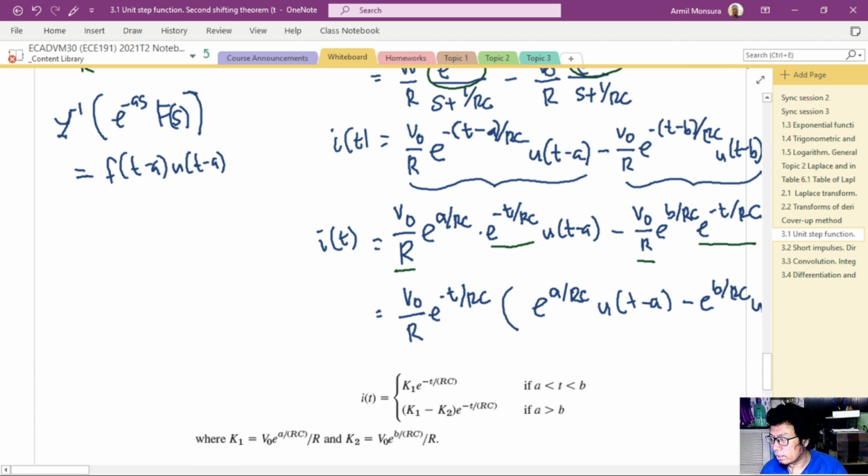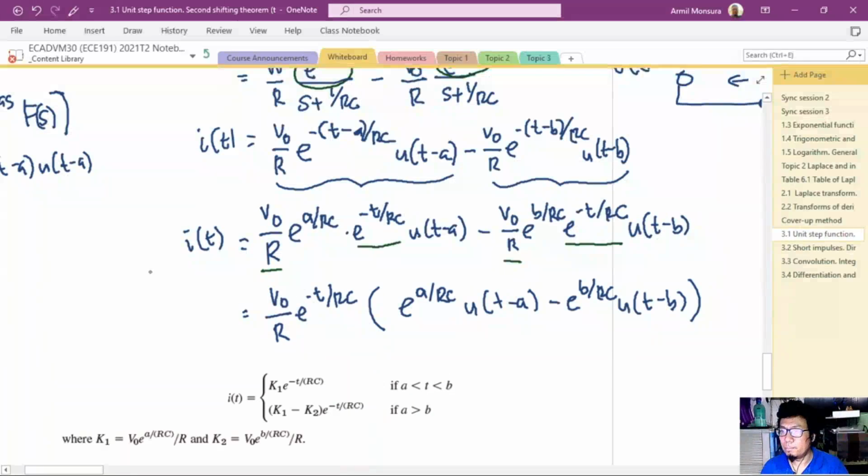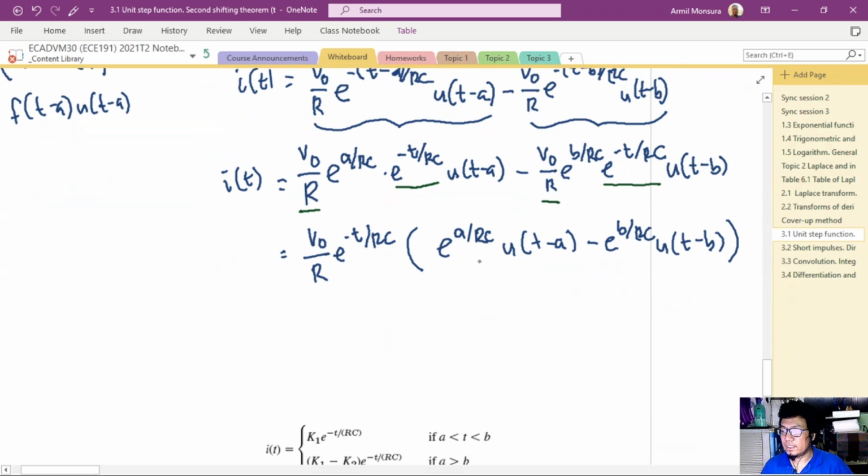If we take a good look at this, since the step functions have different scaling factors, take note that the effect of this would only be felt for t greater than b.